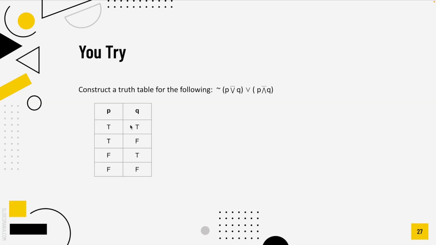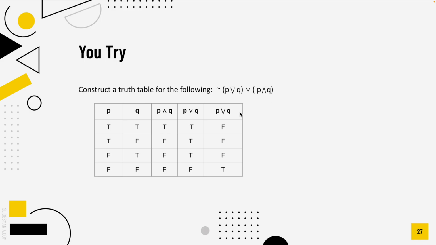Okay, so again, we have P's and Q's. We have some not ors, not ands. So I'm going to set up an and an or column here. Then I can find my not ands and not ors. I also have a negation of this bracket here. And so I'm going to find that as well.